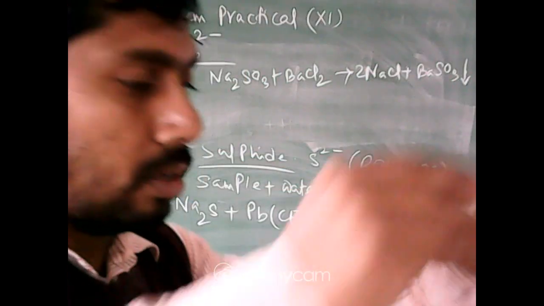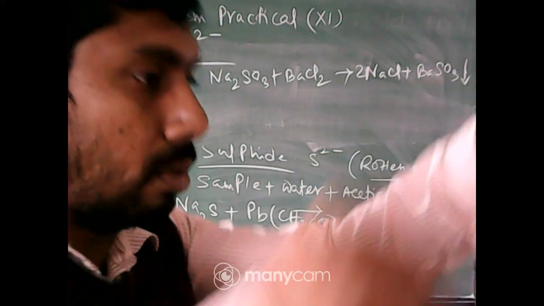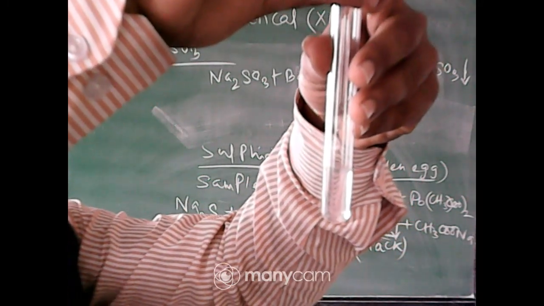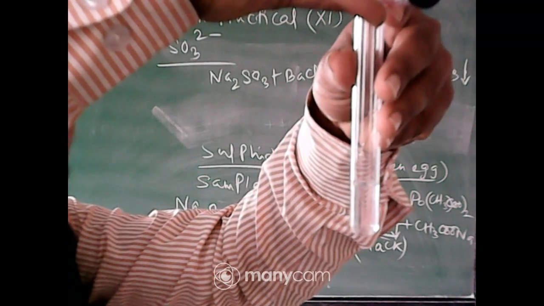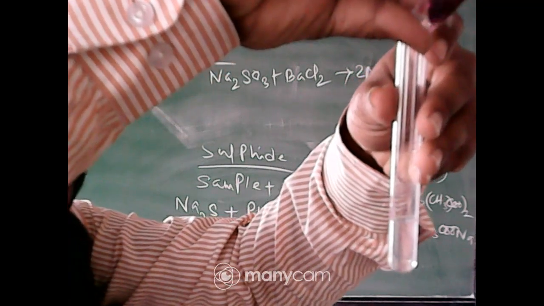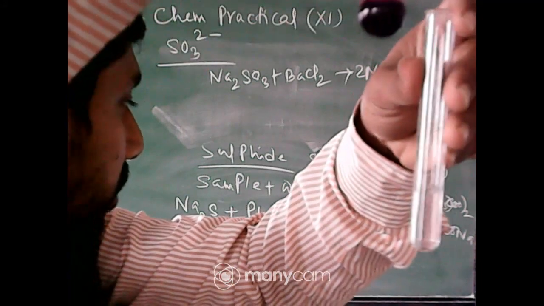So I will add it here. You can see that. Your observation is that the pink, purple color of KMnO4 is discharging. You can see that it is discharged every time.